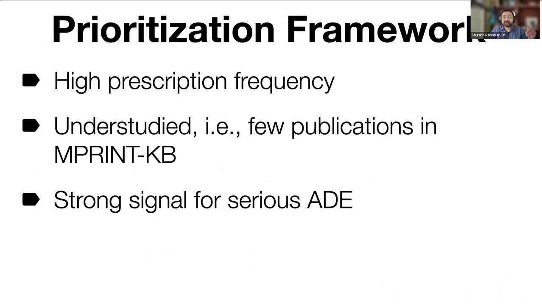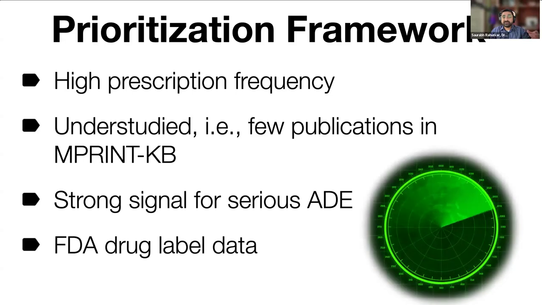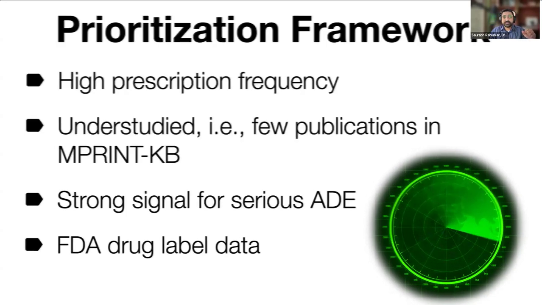They showed a strong safety signal based on disproportionality in FAERS for serious adverse events. And finally, the FDA drug label: we checked whether pediatric safety was explicitly addressed in these labels or not. This gave us a structured way to home in on compounds that were both high risk and high impact, but still flying under the radar from a regulatory or research perspective.